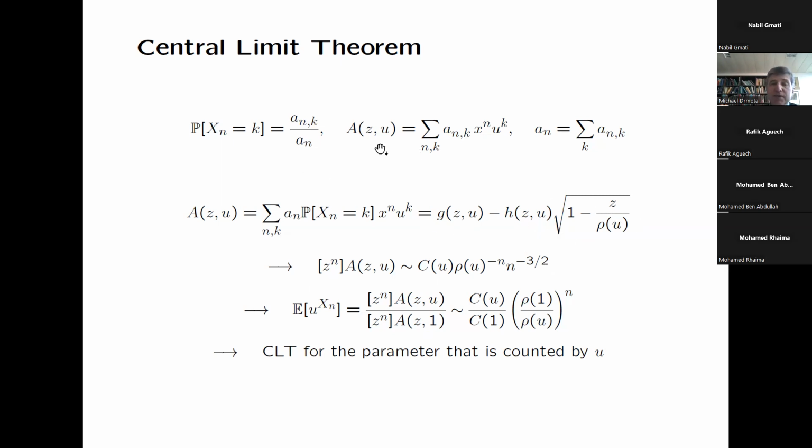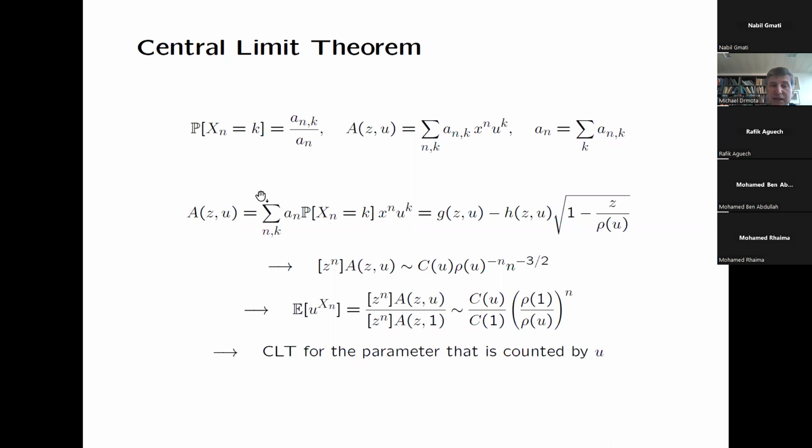And if you take just this simple random model where you just take the number of possible cases divided by all cases as the probability, then the moment generating function or the probability generating function, both are almost the same, of this random variable that you define here is just the nth coefficient of A(z,u) divided by the nth coefficient of A(z,1).